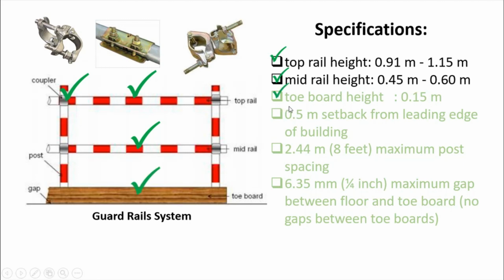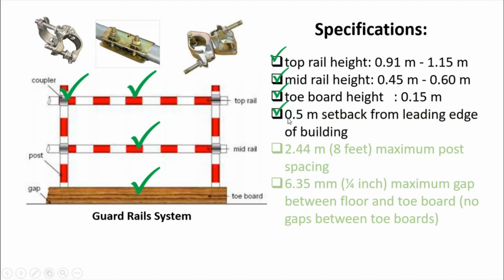The toe board, here on the left sketch, is made of timber or steel plates or GI, but it should be 0.15 meter height. That is the minimum.